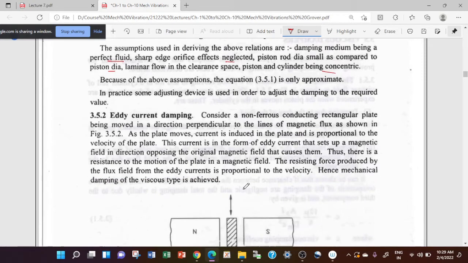Now, the second one is eddy current damping. It is known as a mechanical damping of viscous type. It is also known as magnetic damping, because the magnetic effect derives this damping.